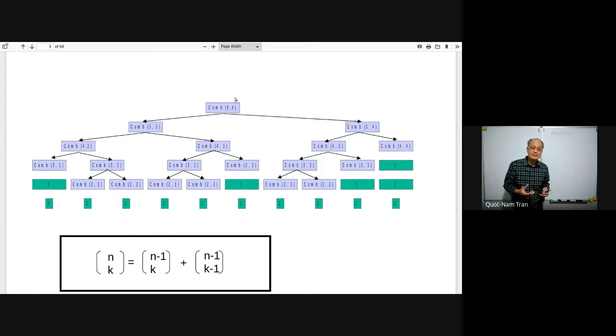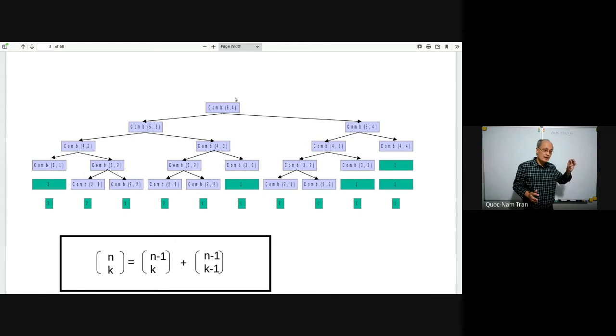When we have a recursive algorithm, the biggest problem is that some computation will be repeated many, many times, and it's useless, right? We don't have to repeat the calculation because one calculation can give us a result.